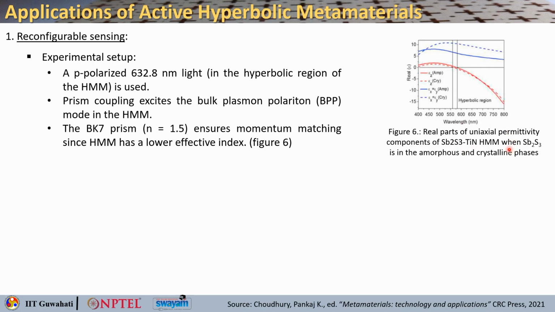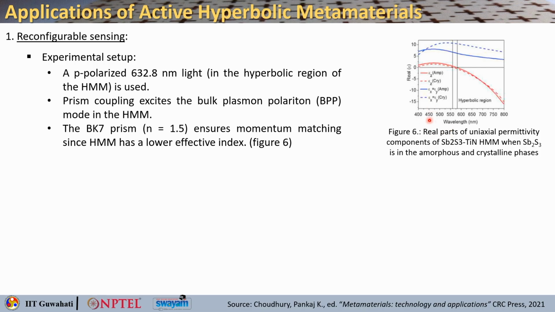The red ones tell you about the antimony trisulfide in the amorphous phase, and the other one shows when they are in the crystalline phase. This is epsilon z, the vertical permittivity, and this shows you epsilon x or y, that is the parallel permittivity.